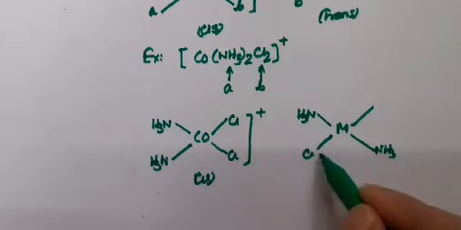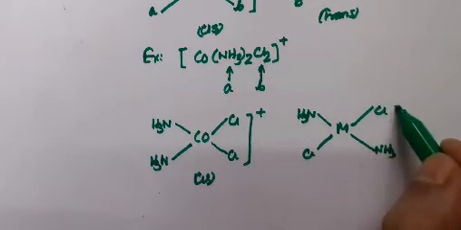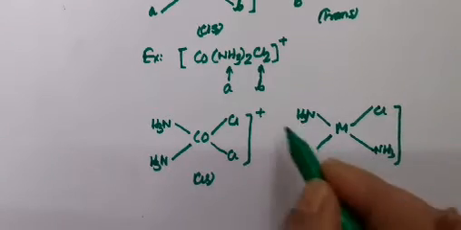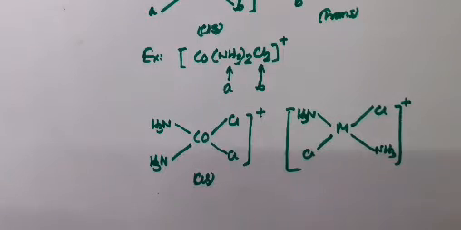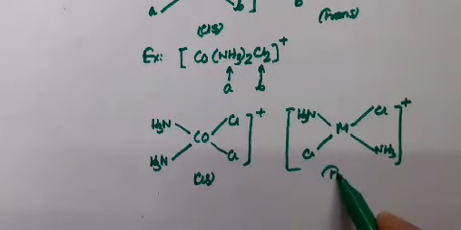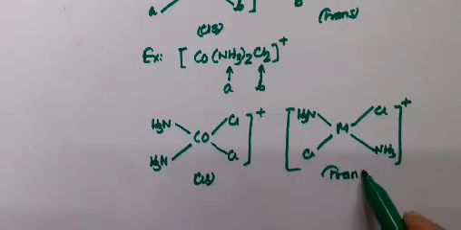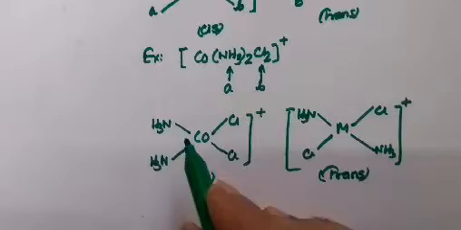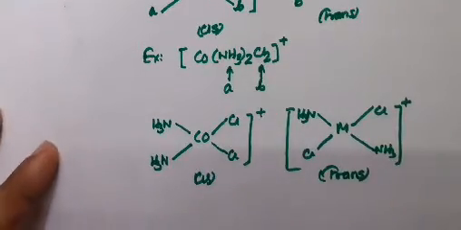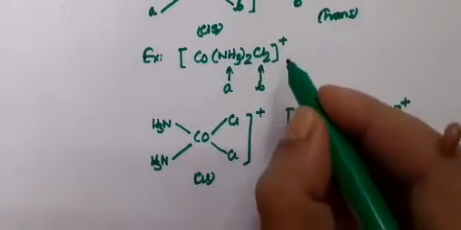You can easily write the IUPAC name of the given complexes because we have already gone through this. So in this segment, we are not going to discuss naming. This is the first type, MA2B2 type, and this is the complex.